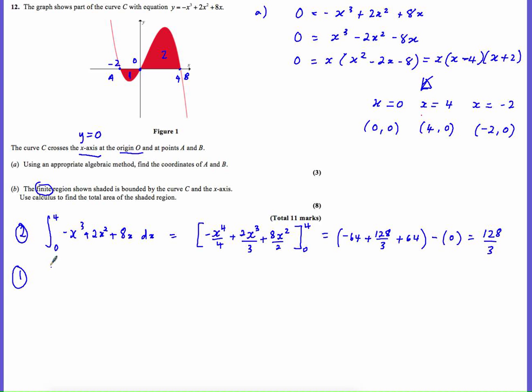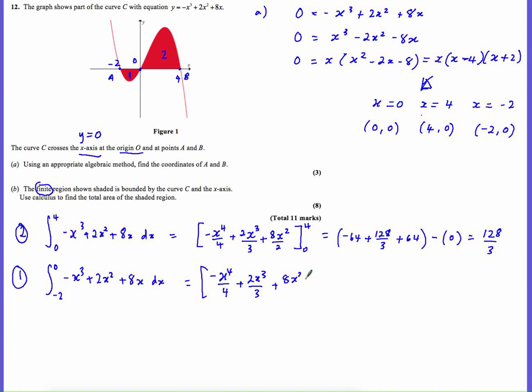Remembering that I know this is going to give me a negative value. My lowest value first, minus 2, 0. I'm integrating the same thing, so I'll write it out again: minus x to the 4 over 4. Don't cut corners or be lazy. You might want to integrate it again and double check you got the same thing.